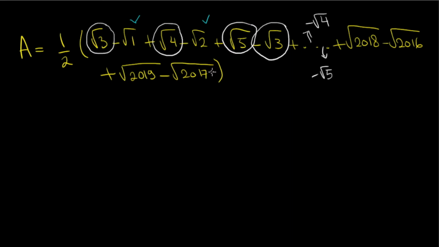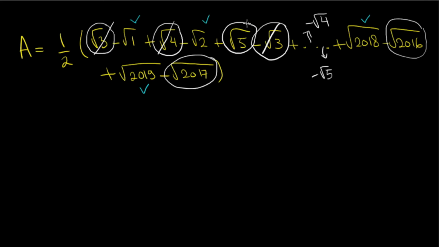Minus square root of 1 and minus square root of 2 are not cancelled by anything, and square root of 2018 is also not cancelled because there is no minus square root of 2018. Square root of 2016 cancels, minus square root of 2017 is cancelled too, and 2019 is saved.